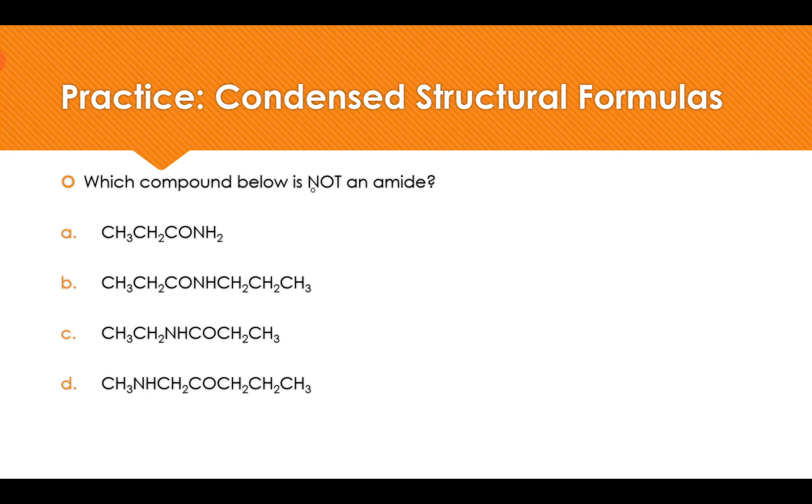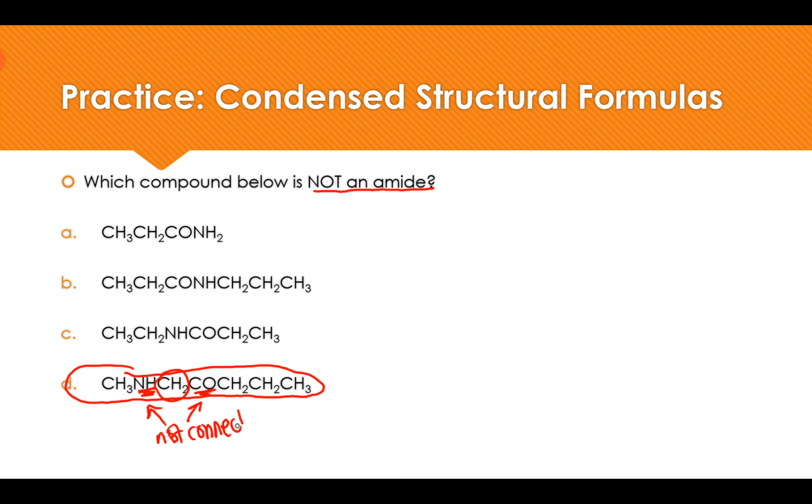So the one that is not an amide is the very last one. This molecule is not an amide because of this carbon in here. That's going to make that nitrogen and that carbonyl not connected. And so that one's not an amide.